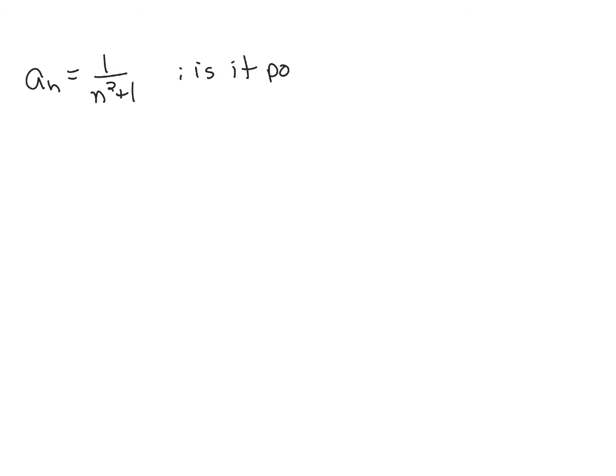Is it positive for every value of n from 1 to infinity? Yeah, because n squared is always a positive number, and you're adding more to it. So the bottom's always positive, the top is always positive. So that a sub n is always positive. Is it continuous?